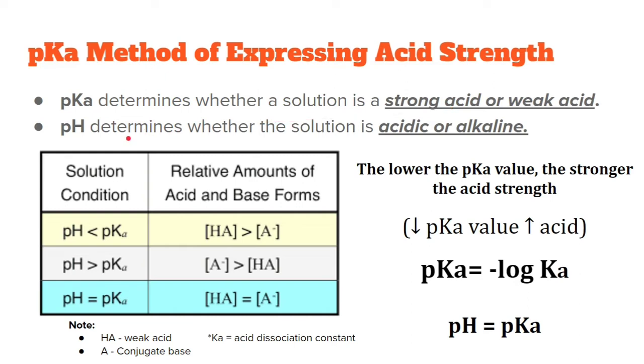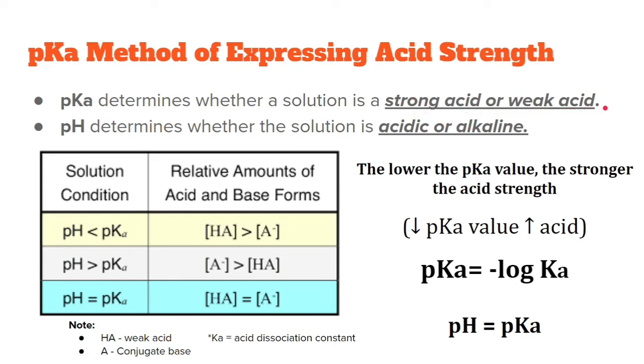In the previous videos, what we really determined was the pH, which determines whether the solution is acidic or alkaline. But pKa is somehow different, because pKa determines only whether the solution is a strong acid or a weak acid.